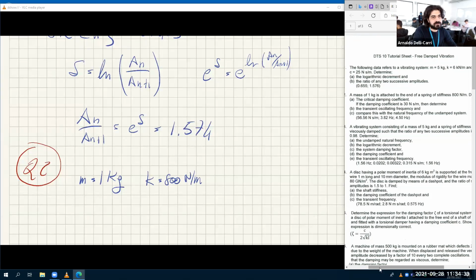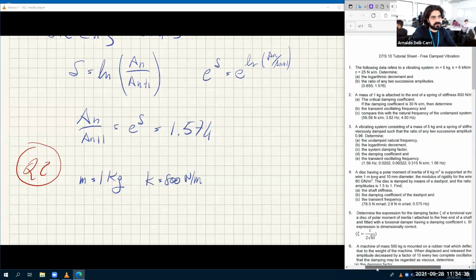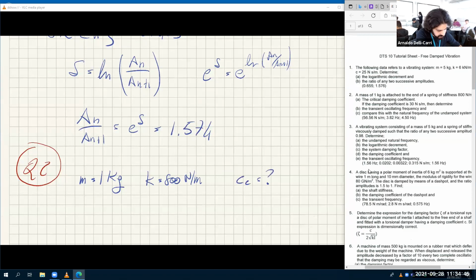Determine the critical damping coefficient. So how much is Cc? Then if the damping coefficient is C, 30 newton second per meter, determine the transient oscillating frequency.